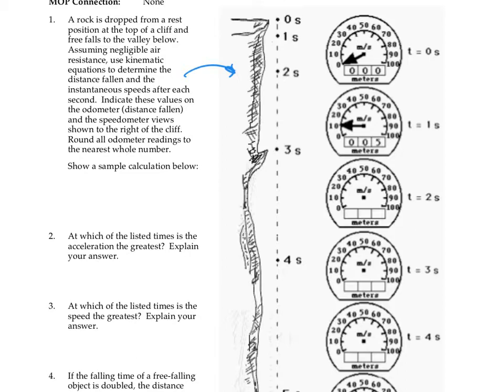Since I'm dropping this from rest, it's going to speed up in the negative direction. So after 1 second, the speed would be 10 meters per second, which I see here on the speedometer. The speed is 10, but my velocity would be negative 10 because this object is moving downward. You can see that they got a distance or displacement of 5 meters, which means it has dropped 5 meters.